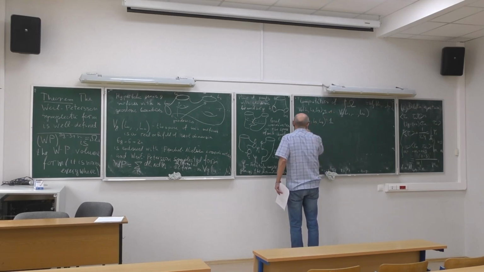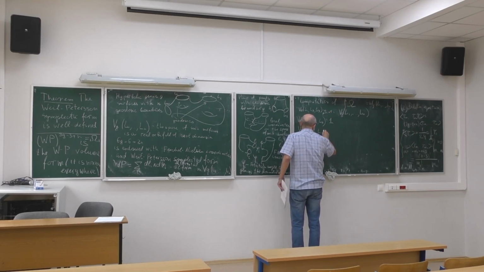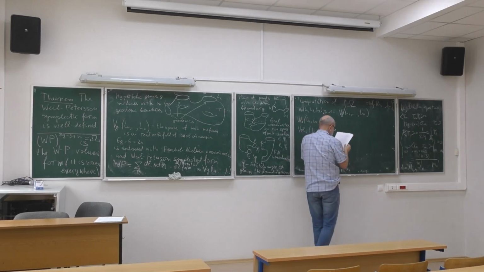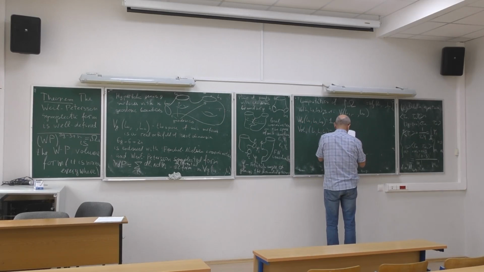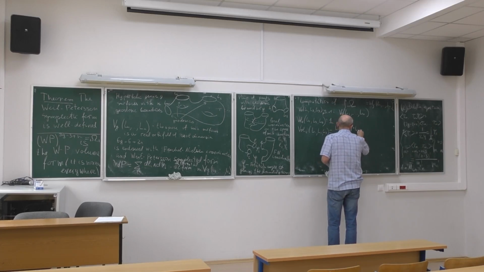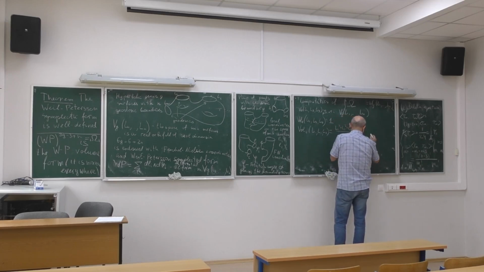Then volume of genus 0 with four boundaries of L1, L2, L3, L4 is L1 squared plus L2 squared plus L3 squared plus L4 squared over 2, plus 2 pi squared.